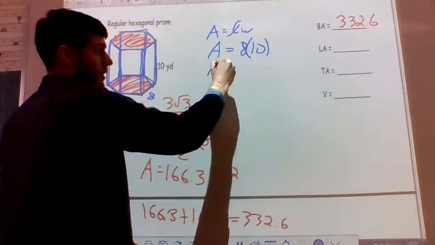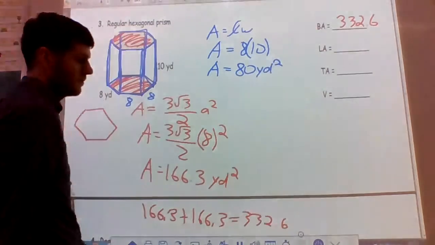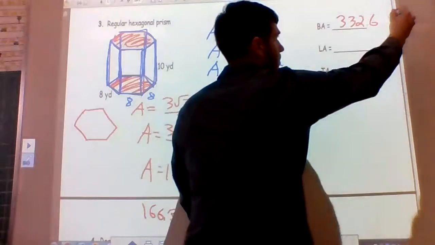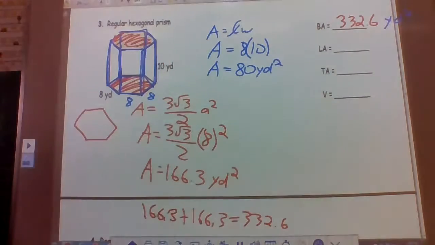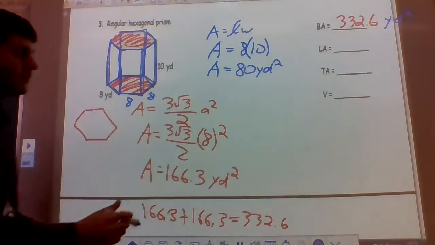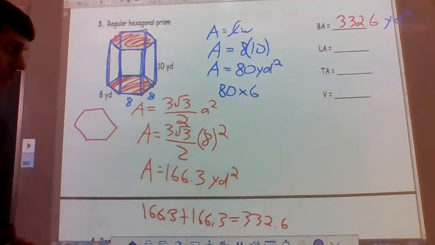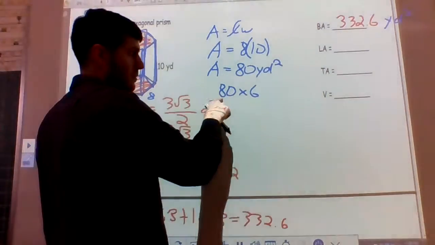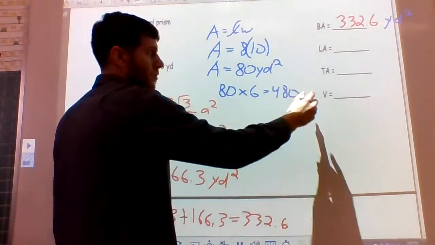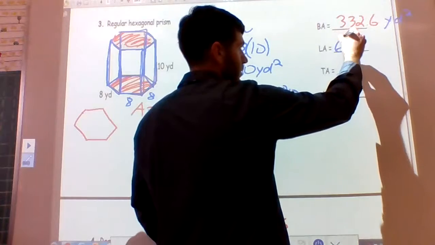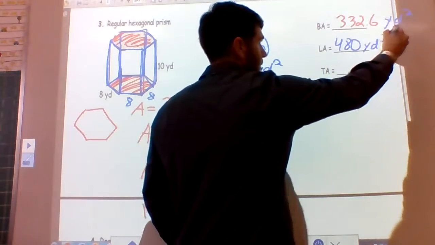So the area of one of those rectangles is 80 yards squared. And there's 6 of them, so we do 80 times 6, which is 480. 6 times 8 is 48, so 480. So the total lateral area is 480 yards squared.